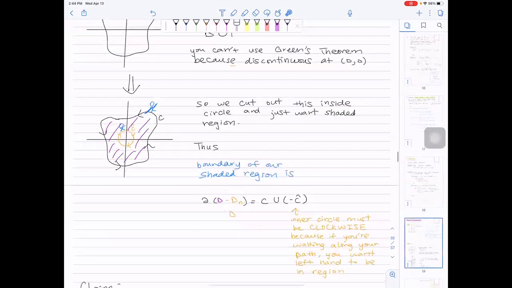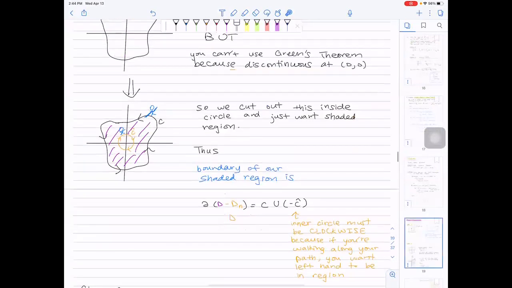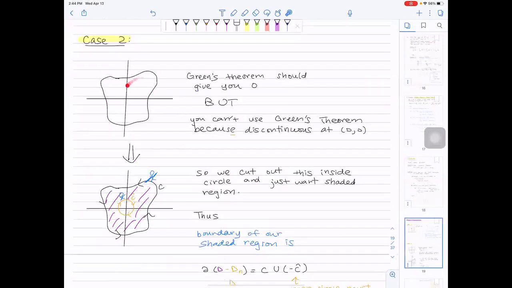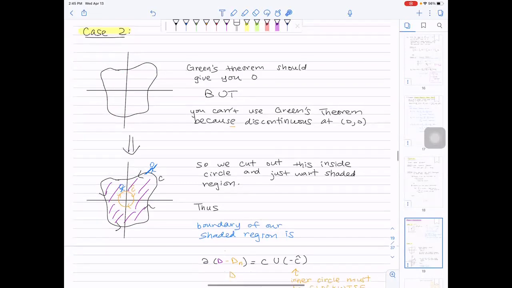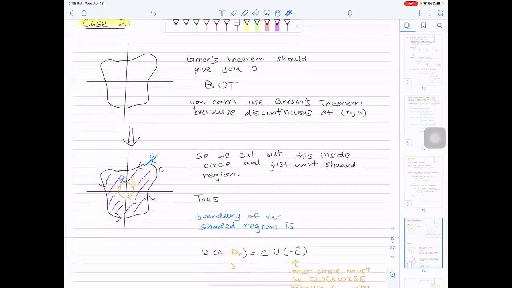So we're trying to find the integral over this shape. That's the first question at the top. But we can't do that because our function is discontinuous at the origin. So we don't want this problem, and we're going to cut out the circle. Even though we cut out a circle and now there's a hole, we define our boundary as the union of the black one and the orange one.